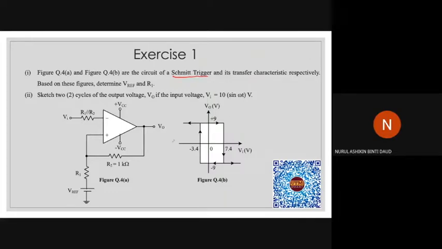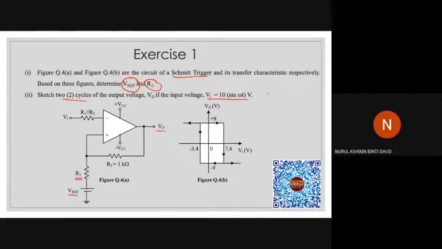These are the transfer characteristics given to you, and based on this figure, you need to determine the V reference and also R1, the value of resistor 1 here. It is the other way around from the formula that was given to you. Another question is to sketch 2 cycles of the output voltage VO, if the input voltage is V input equals 10 sine omega t volts.